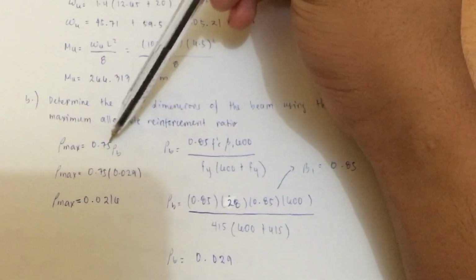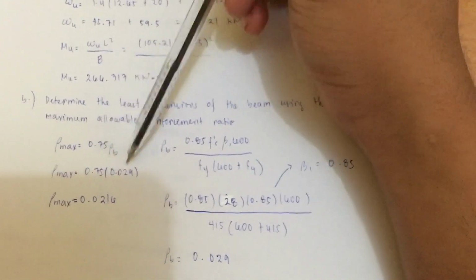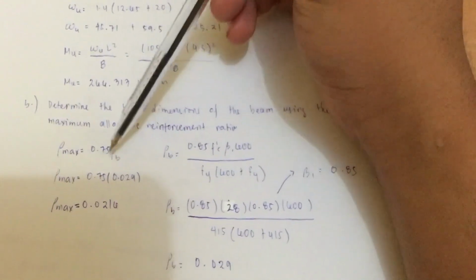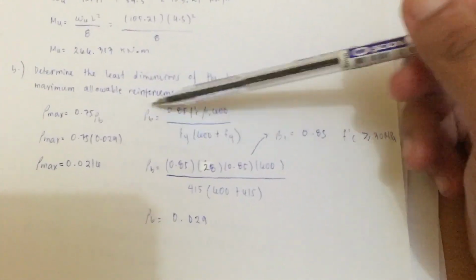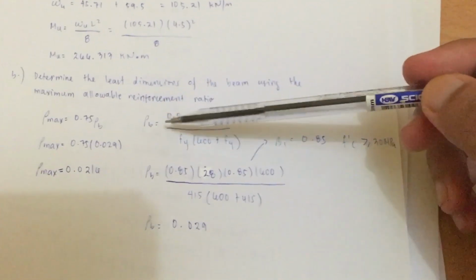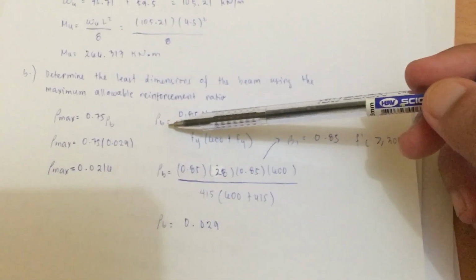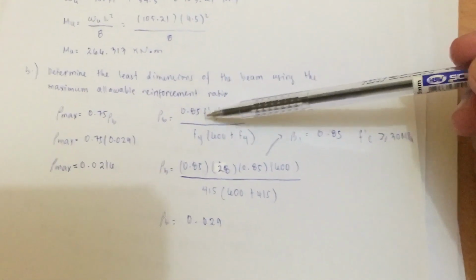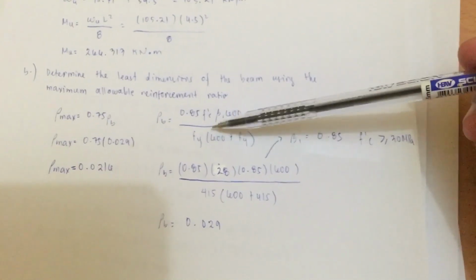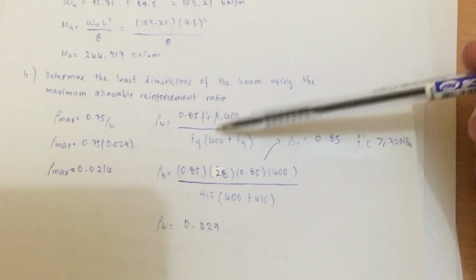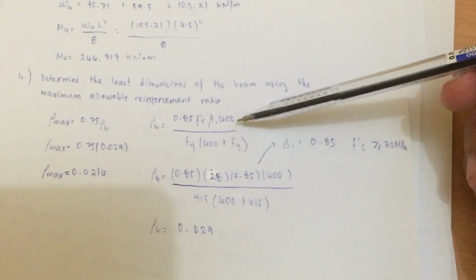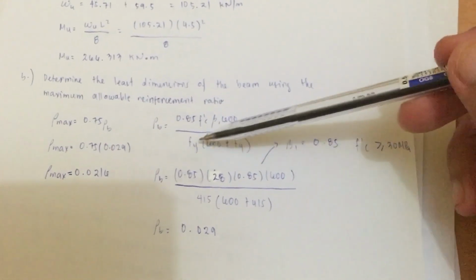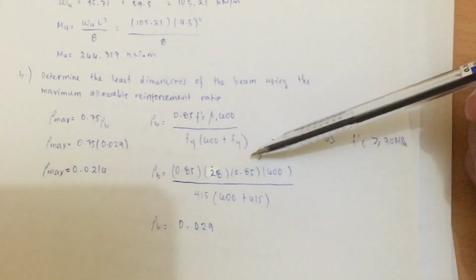Now we don't have the balanced steel reinforcement ratio, and we have this formula to get that one. The formula for the balanced steel reinforcement ratio is equal to 0.85 times F prime C times beta 1 times 600 over Fy times 600 plus Fy.